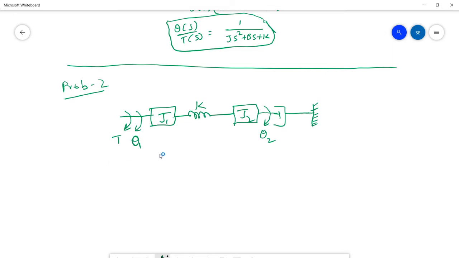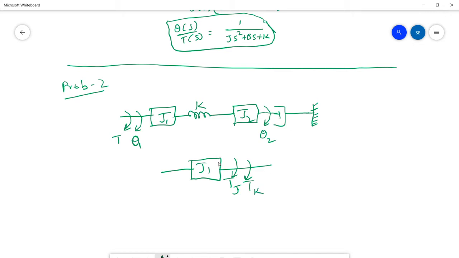As a first step, we need to draw the free body diagram for J1, right? So what are the forces acting on J1? J1 itself has its own inertia, that is Tj1, and due to K it has some torque, that is Tk, right?